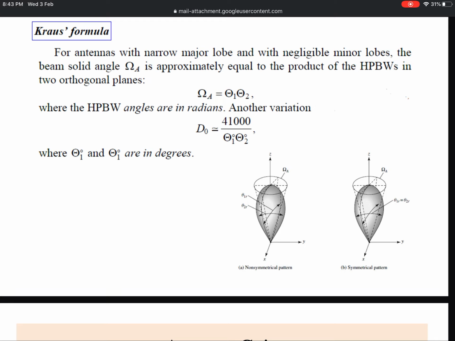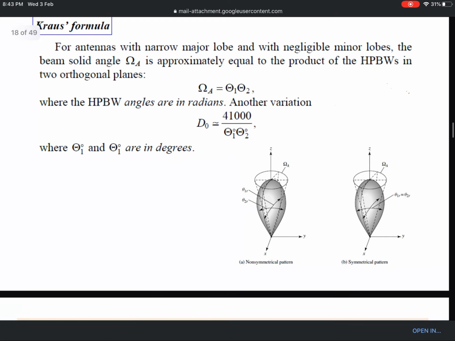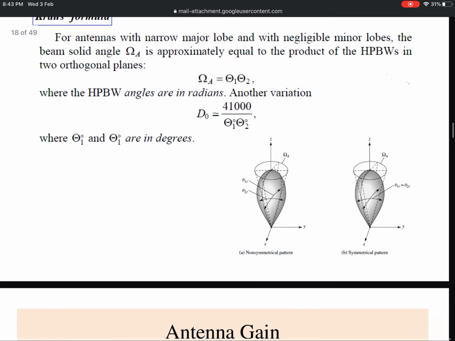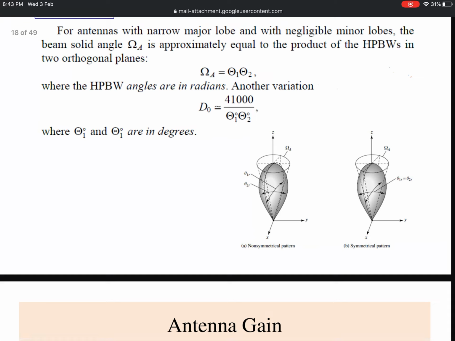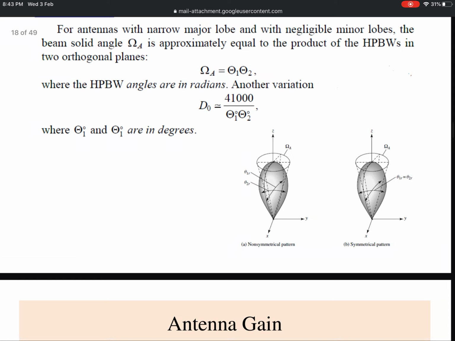Theta 1 you can consider in radians also. If you take degrees, D naught is nearly equal to 41,000 divided by theta 1 degree times theta 2 degree. This will give you the directivity. So for any radiation pattern you draw, if you take the half power beamwidth in two different planes, you will get the directivity using this calculation.